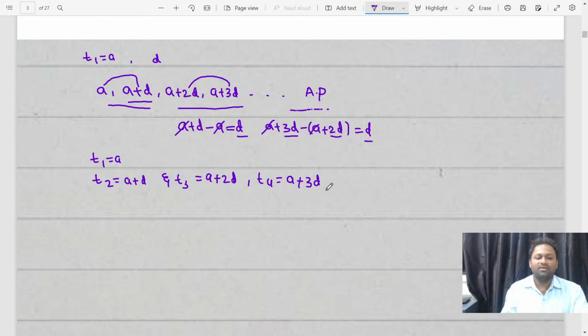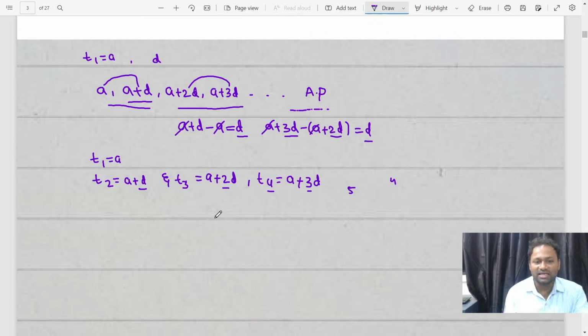Right? Here we will observe one common condition. What is that? For the 2nd term we have A plus D, for the 3rd we have 2, for the 4th we have 3, for the 5th, what do we get? 4. Right?